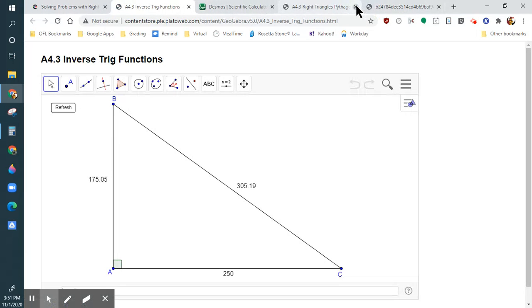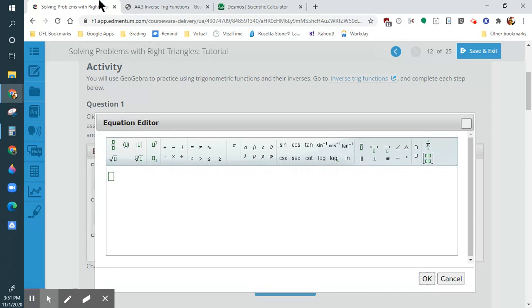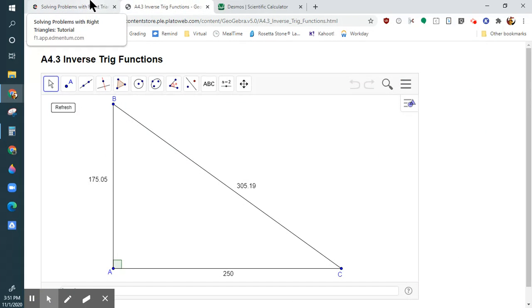So here's our activity. Let me close the old activity and that one. Here's our activity, and it wants us to find this fraction, AC over BC. So we're going to use the fraction in the equation editor.